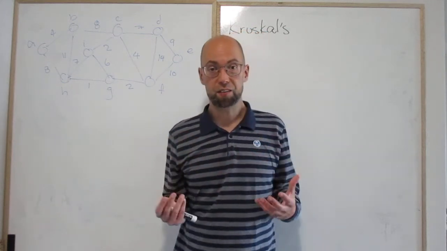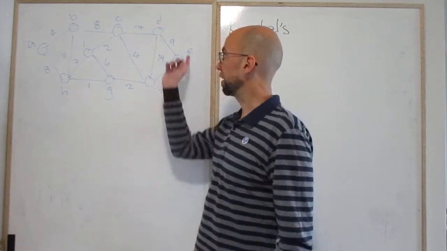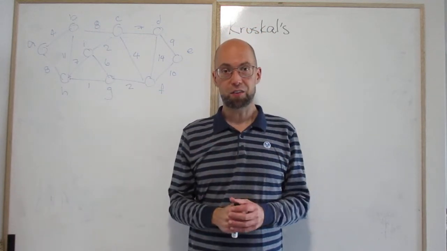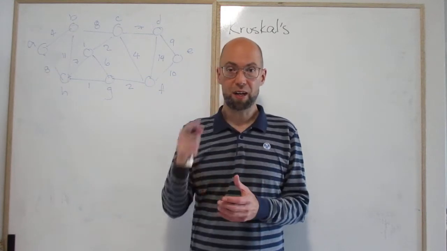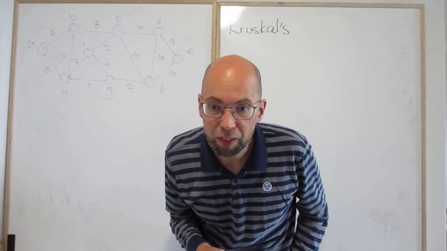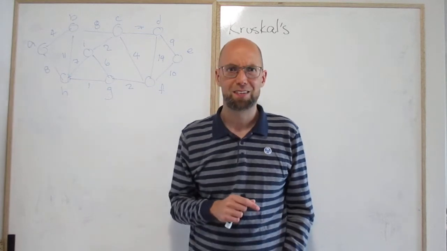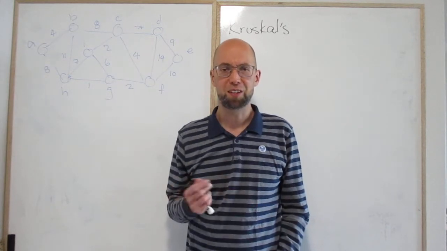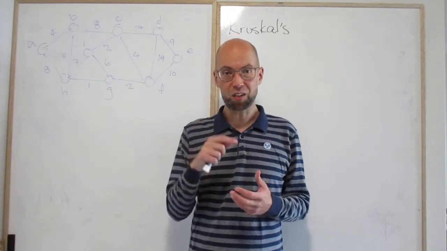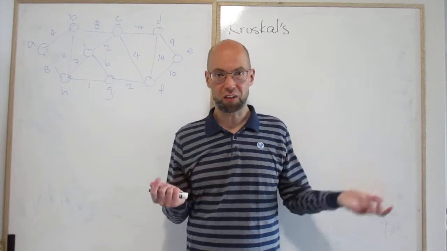You want to find a subgraph that connects everything. This is why it's called spanning. It's a tree because if you had a cycle, you could take out one of the edges and not disconnect anything.